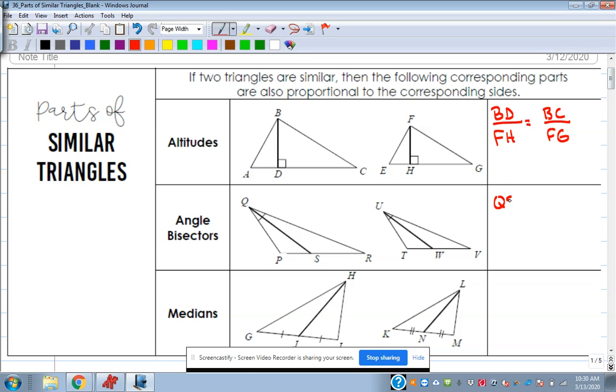QS over UW, and then pick a pair of corresponding sides. It doesn't matter which one. I'll do QR over UV. If you've got one of the other sides, the ratio is still the same.